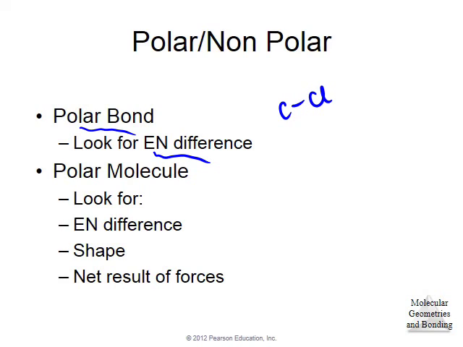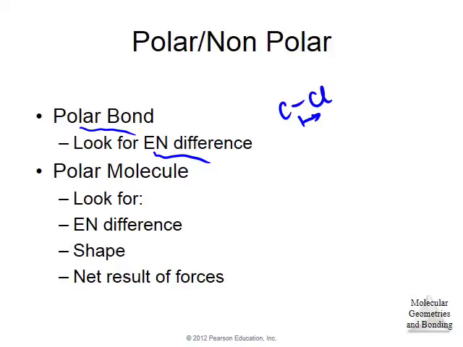Chlorine is more electronegative than carbon, so it's going to pull electrons away from carbon. So there'll be a direction. This arrow indicates the direction in which electrons would be moving, from the carbon towards Cl, because Cl is more electronegative. Normally, elements on the right side of the periodic table would be more electronegative than elements on the left-hand side, except the noble gases.